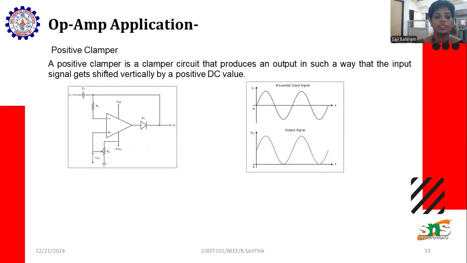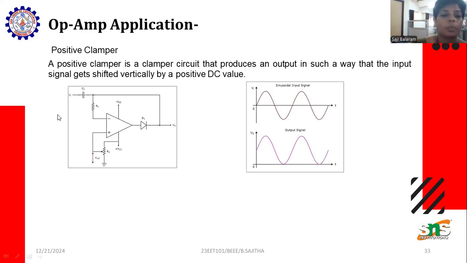So now let us move into its circuit and waveform. A positive clamper is a clamper circuit which is used to produce an output that gets vertically shifted by a positive DC value. So here we can see the circuit in detail.